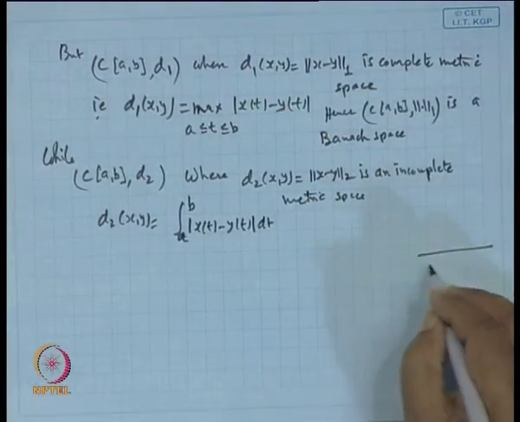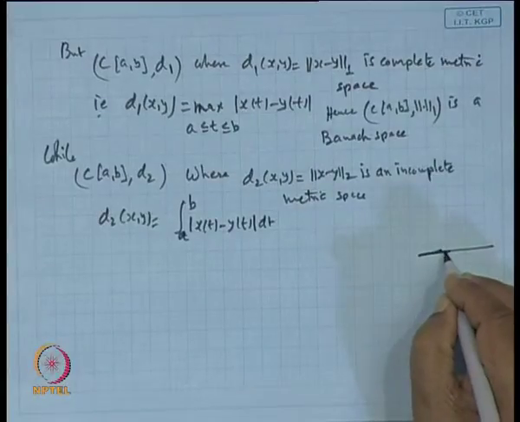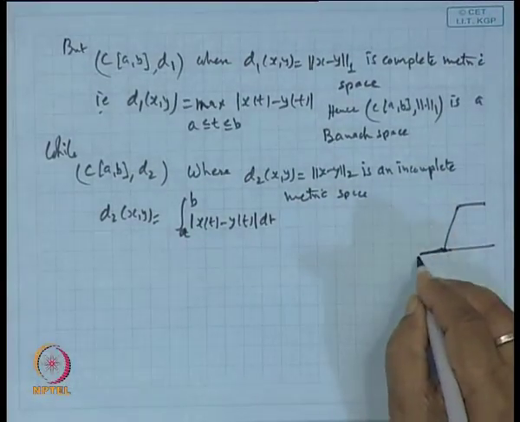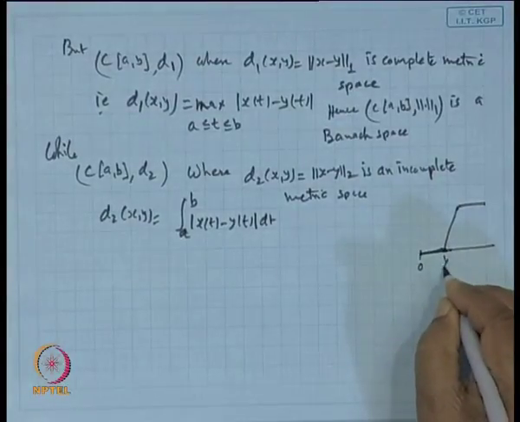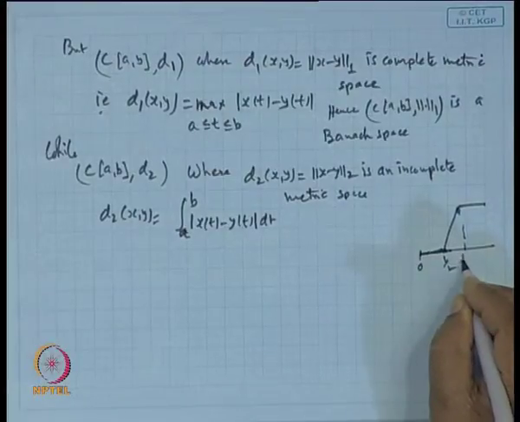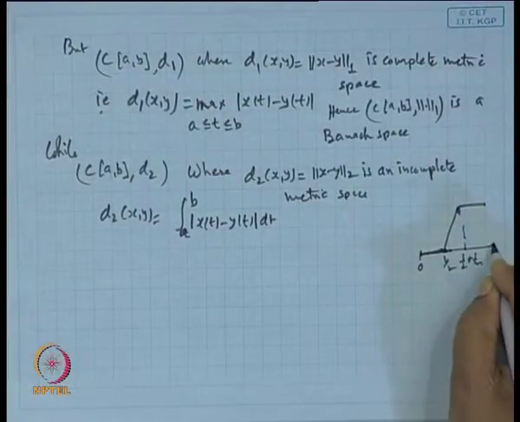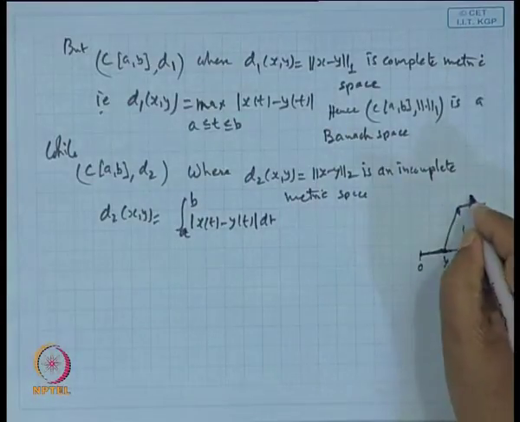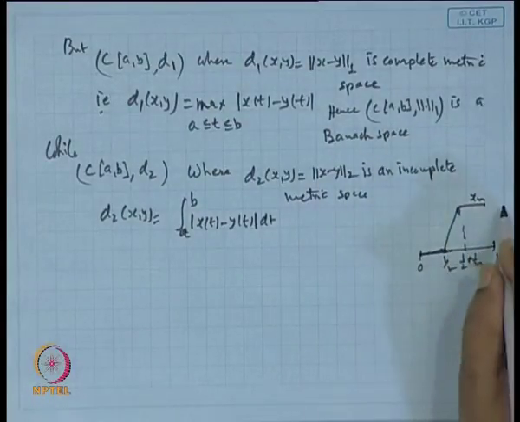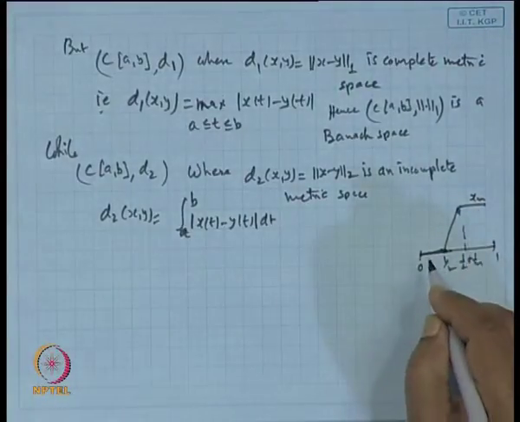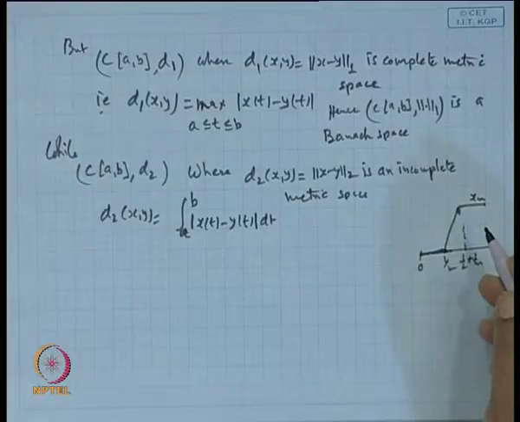Say here, when you start with this and then go like this, and in this fashion define between 0 to half, then this is half plus 1 by m and this is 1. So, between 0 to 1 the sequence x_n is defined like this. It is a continuous function, and it forms a Cauchy sequence, but it is not convergent because the limit point comes out to be a discontinuous function.